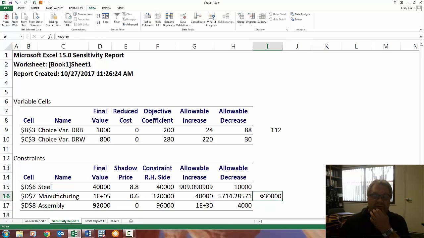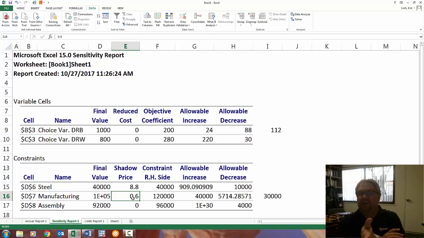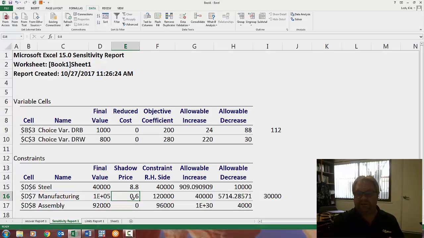So basically, can I increase manufacturing by 30,000 minutes? Yes. So if I increase manufacturing minutes by 30,000, this shadow price or dual value will still remain valid. So for every minute I increase manufacturing, my profit will increase by 60 cents.